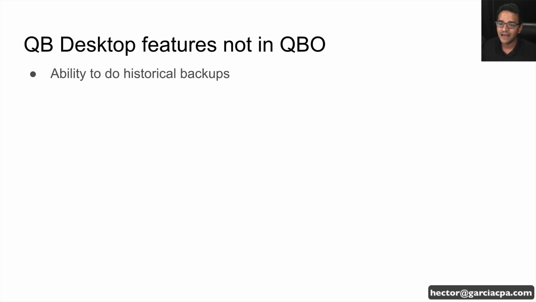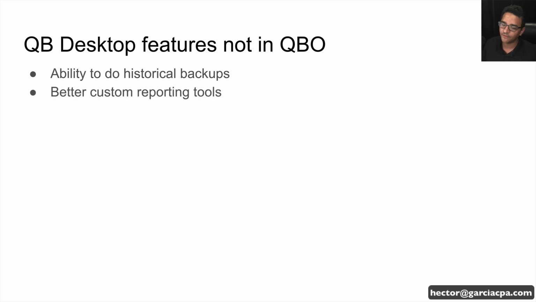I like to create a historical backup before I connect an app without knowing what kind of destruction the app is going to do to my file. I like to create a historical backup so I can send it to the auditor who's auditing only 1 year of QuickBooks for me, and I don't want to send them access to the entire thing, right? So historical backups to me are a huge deal. QuickBooks Online doesn't have that. QuickBooks Desktop has the edge there.